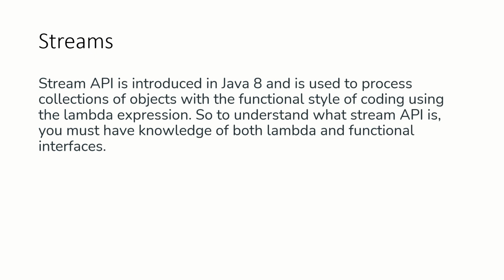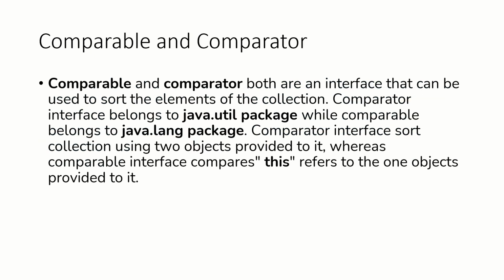Now let me go to the next slide and discuss Comparable and Comparator. Comparable and Comparator are both interfaces that can be used to sort the elements of a collection. Both interfaces have methods that help us in sorting out the elements of the collection.